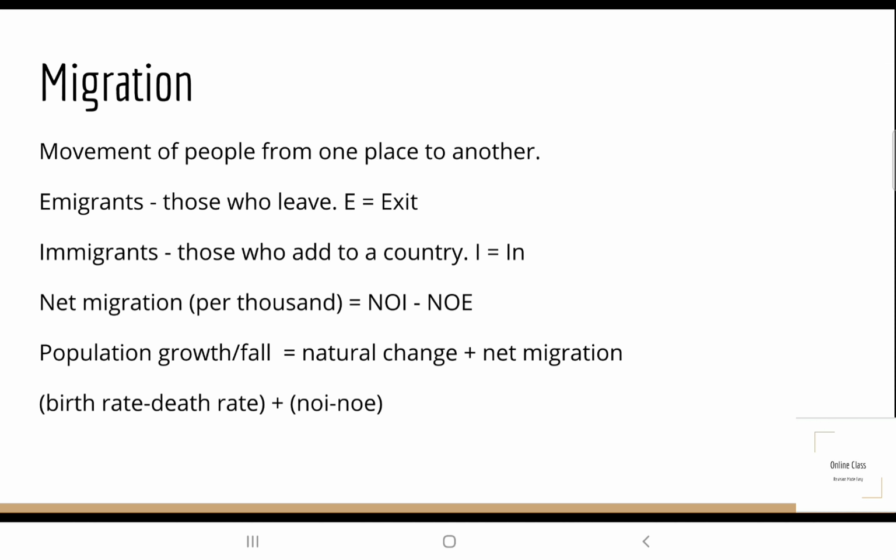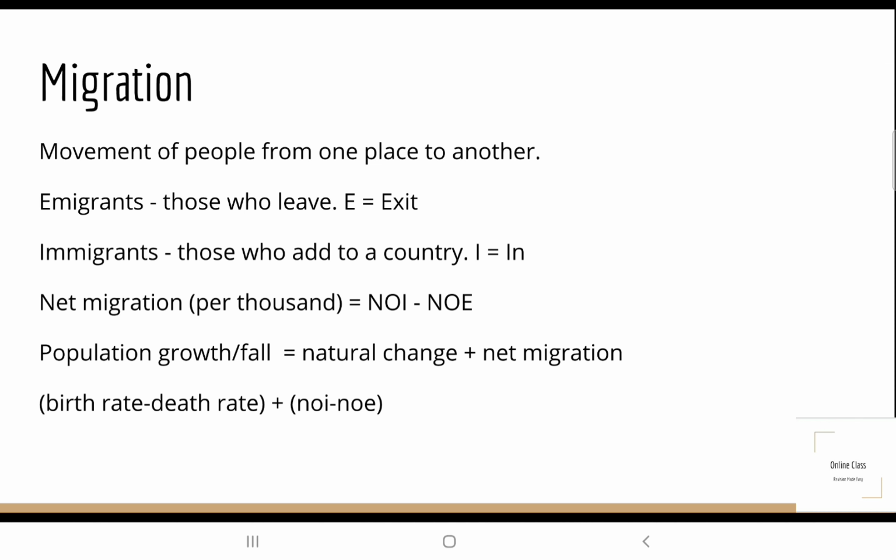If more people come into the country than go out, the net migration is a positive figure. If more leave than come in, it is a negative figure, expressed either per thousand or as a percentage change. So that's how you find out net migration.